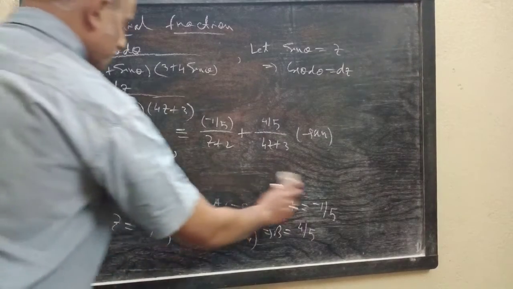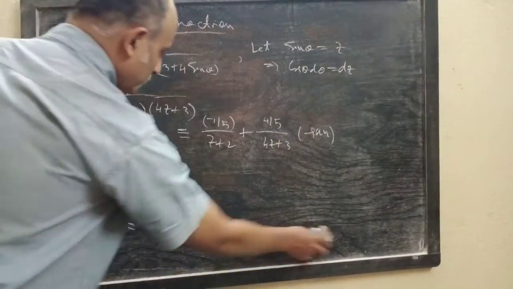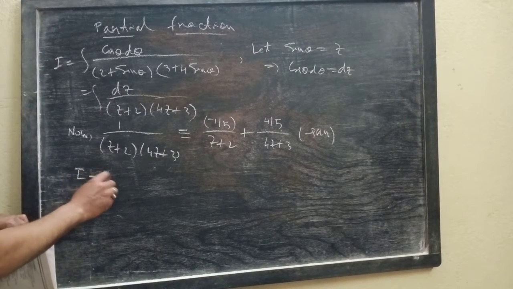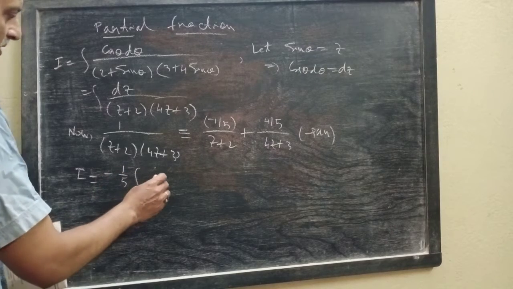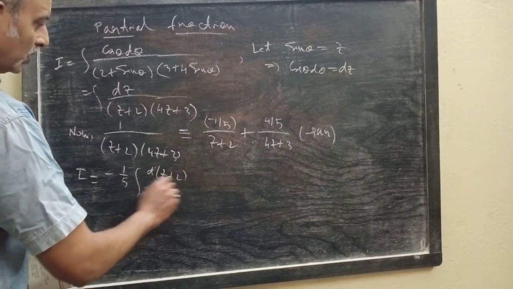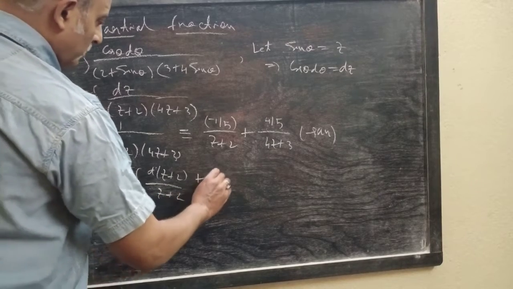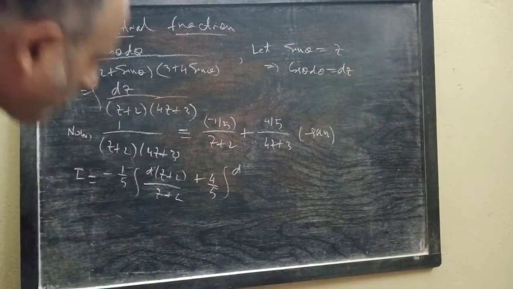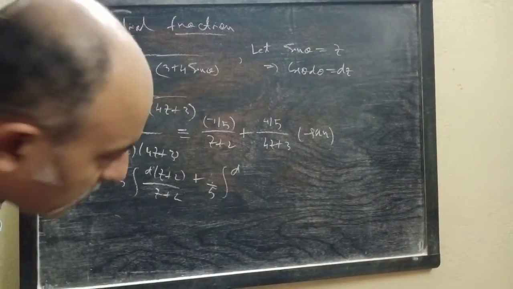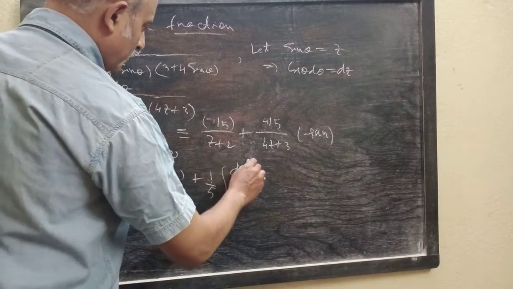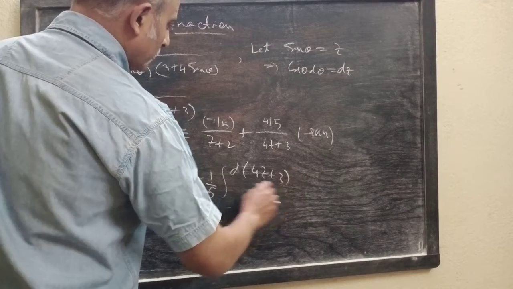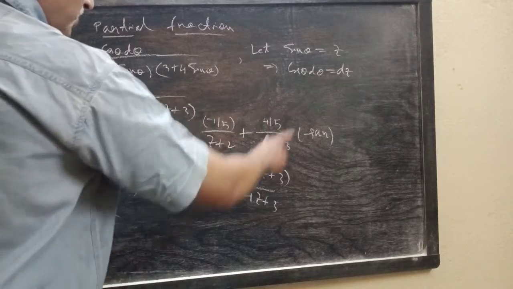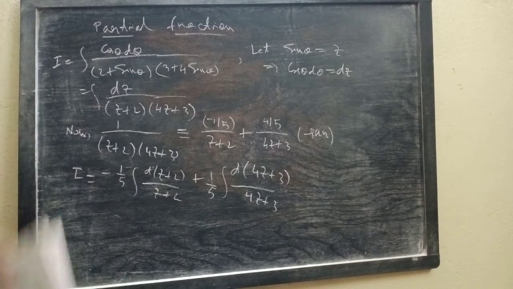So therefore I becomes minus 1 by 5 d of z plus 2 by z plus 2, and here you have to write 1 by 5 d of 4z plus 3 by 4z plus 3. Why? Because d of 4z plus 3 is 4. That's why 4 is used there. So here 1 by 5 remains outside.